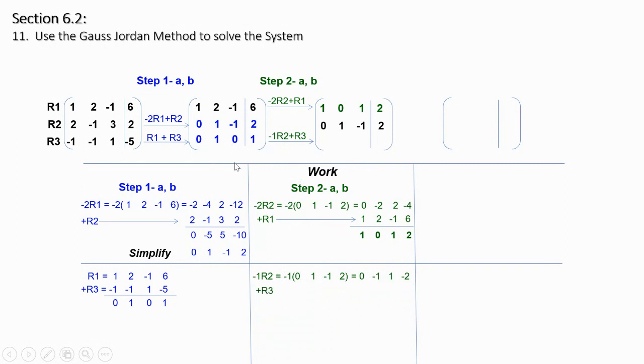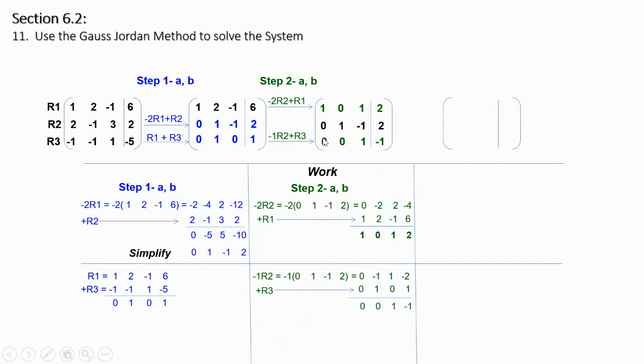And row 3 stays the same, which will be 0, 1, 0, 1. After we add them, we get 0, 0, 1, negative 1. You see, guys, that was converted to a 1 by doing the operation.